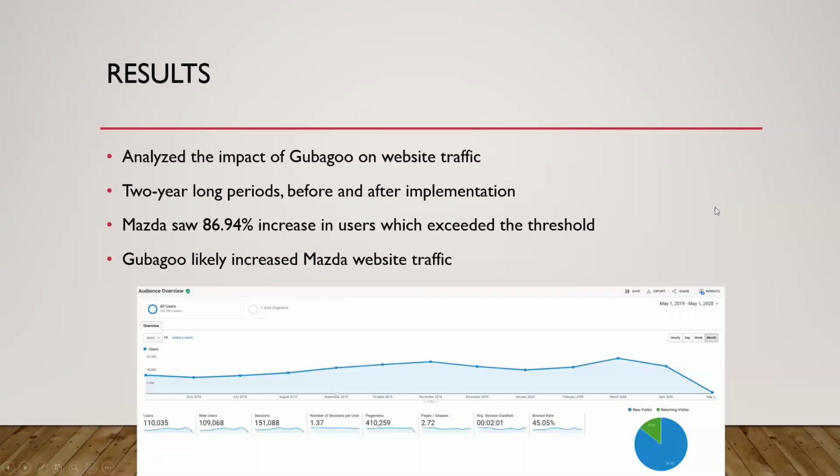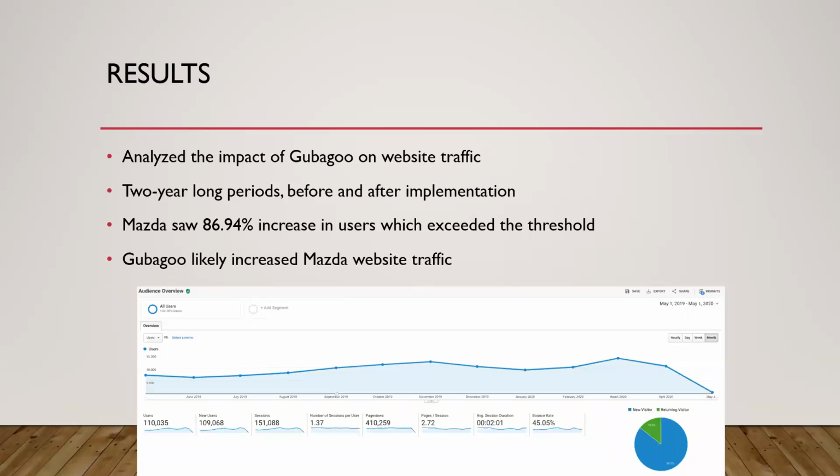So the first thing we look at is the impact of Goo on website traffic, and specifically the Mazda website. And so we looked at 2-year-long periods. We started in May of 2019 using Goo. So I looked at a year after May 2019, so May 2019 to May 2020, and a year before, May 2018 to May 2019, and compared what I saw, examined the Google Analytics data.